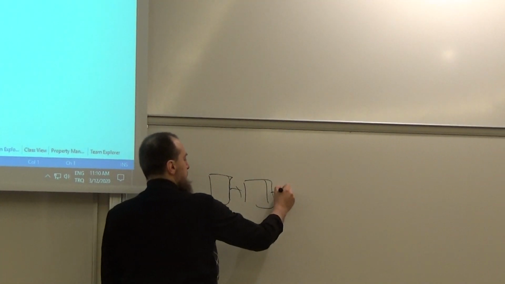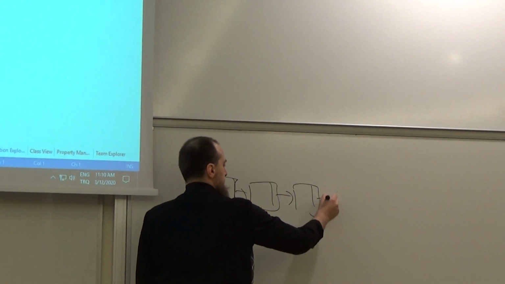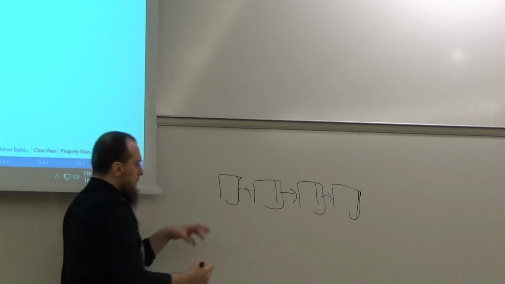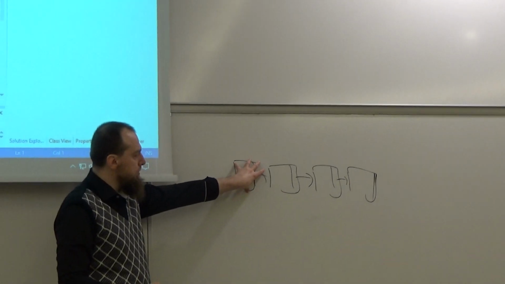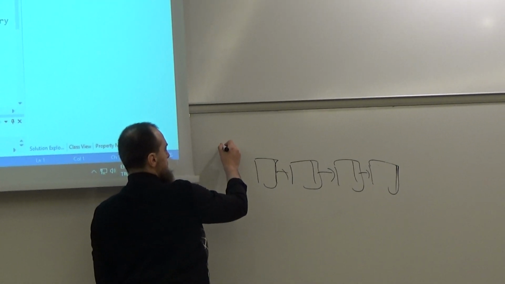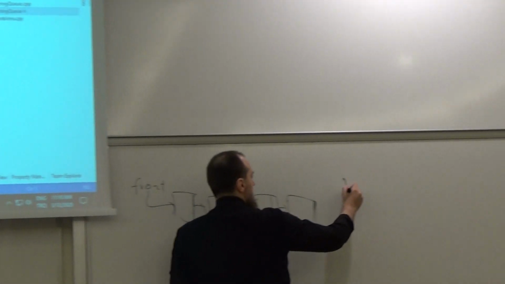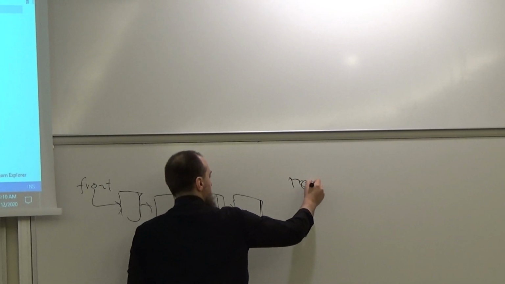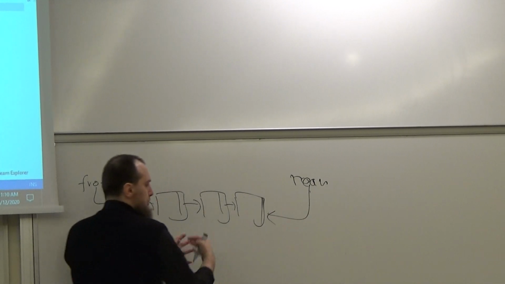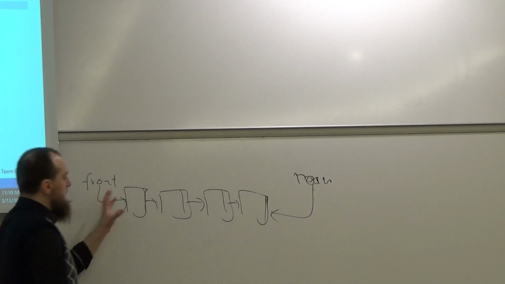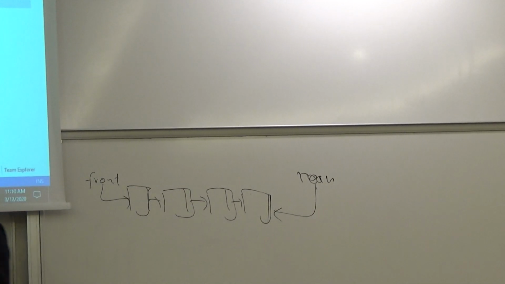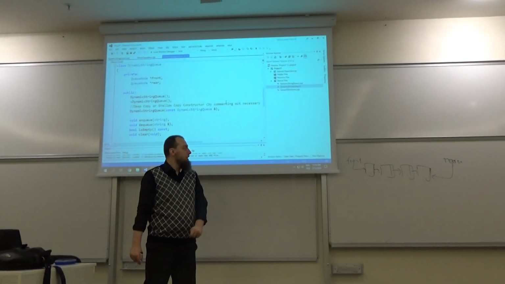We call the end the rear. And if you are going to take some data, we always take it from the beginning. So this is my front, or the beginning of the queue, and this is my rear. We always put new data from the rear, and we take it from the front. This is the queue, as we saw it during last week.